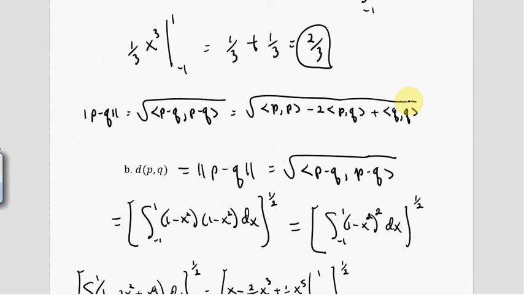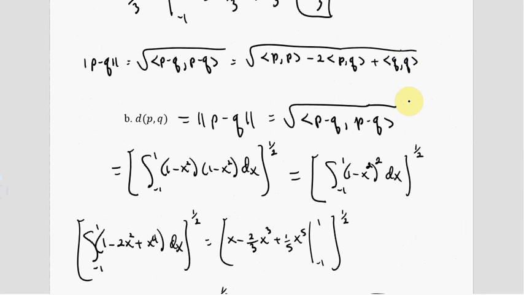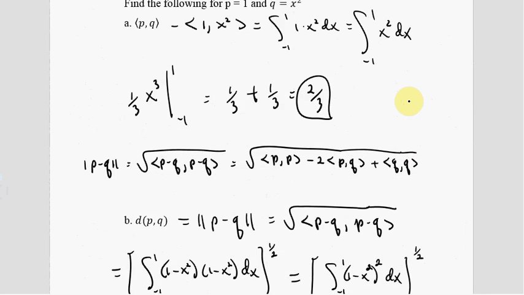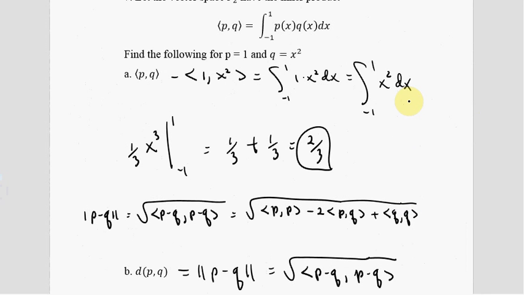Right? Now, I think we have all three components there. We have the inner product of P and Q, and then it's going to be times the -2. That'll give us the middle component, right? Right? Michael? Is that right?